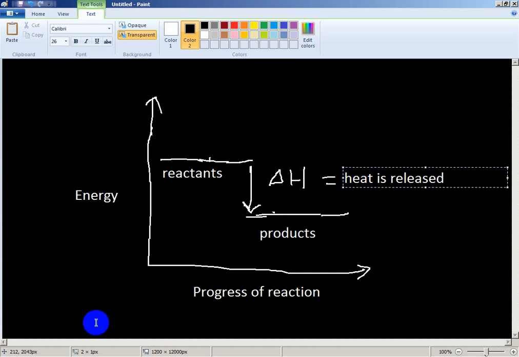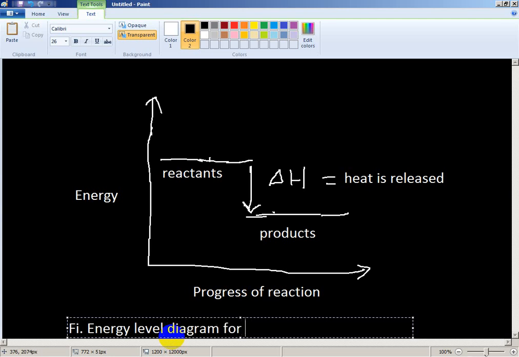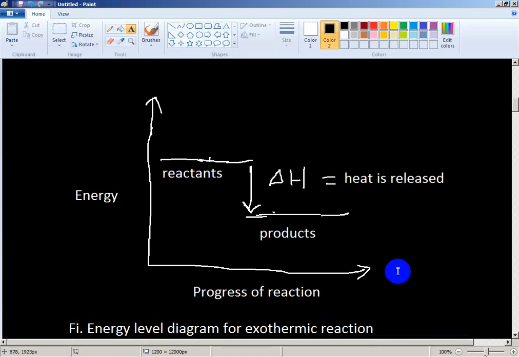This is the figure: energy level diagram of an exothermic reaction. Okay, this is the energy level diagram for the exothermic reaction.